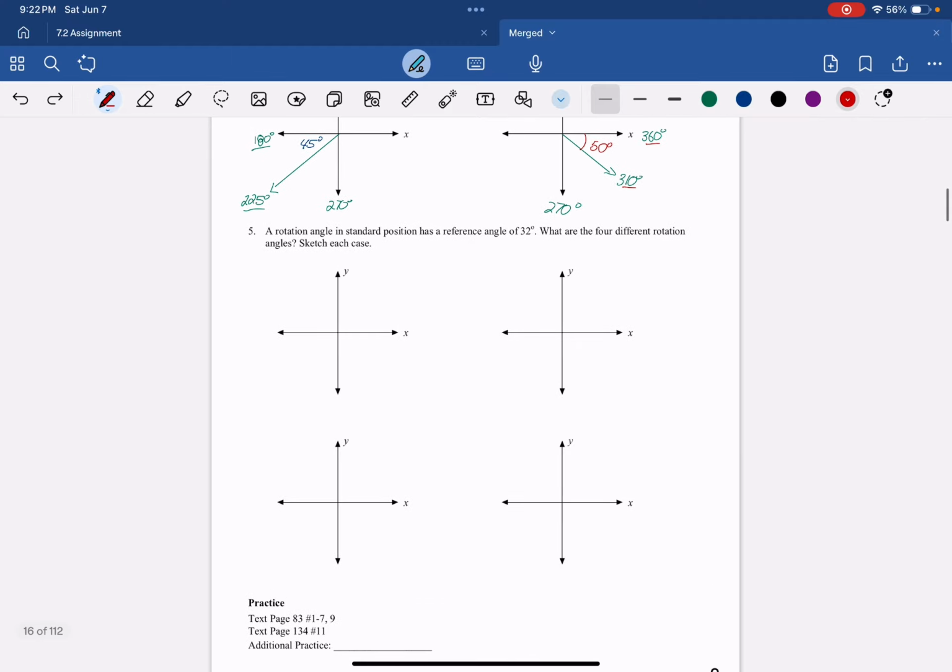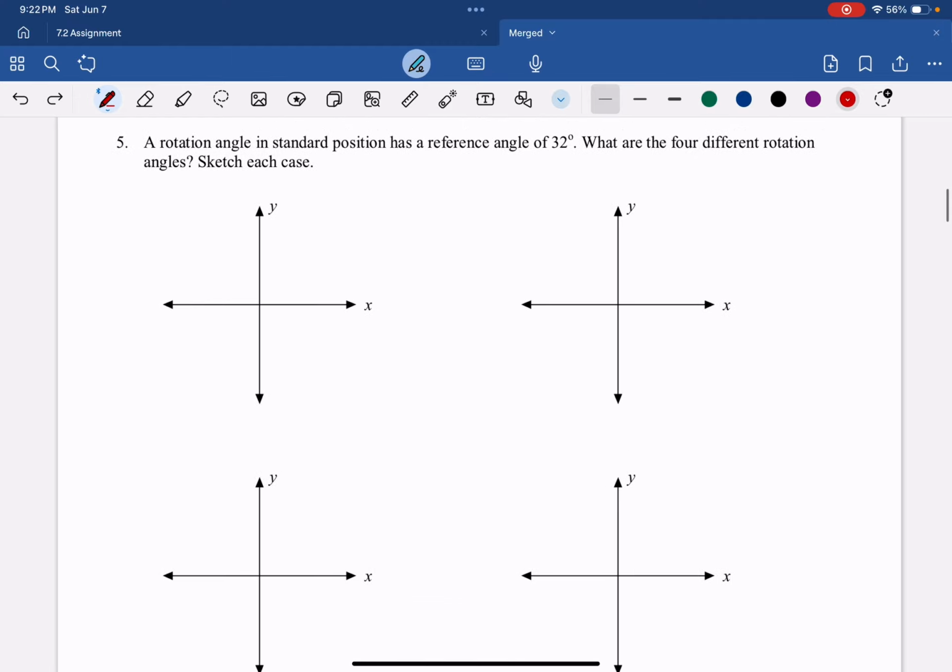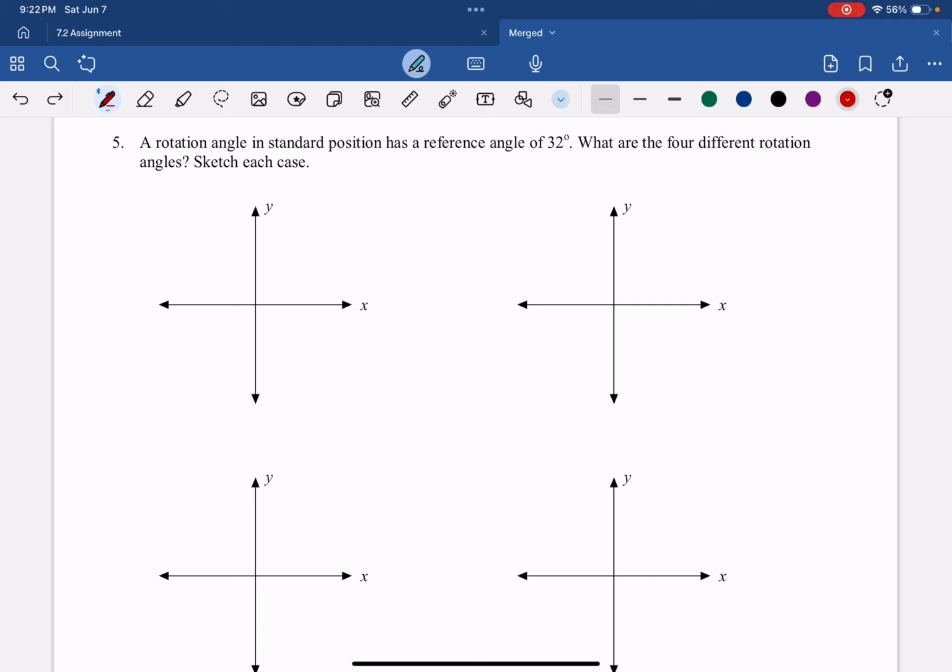Number 5 says a rotation angle in standard position has a reference angle of 32 degrees. What are the 4 possible angles? Well, if I'm just given the 32 degrees, that means I could be in quadrant 1, because this is saying that I have a reference angle of 32 degrees. And then if I'm in quadrant 1, that also means that my angle of rotation is 32.